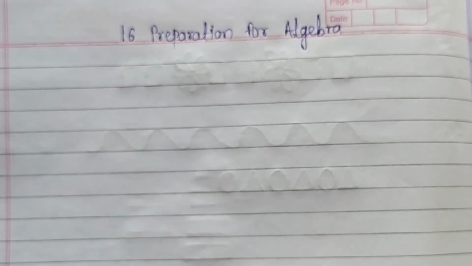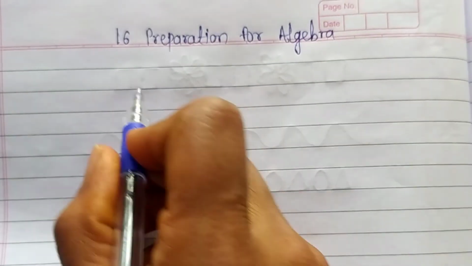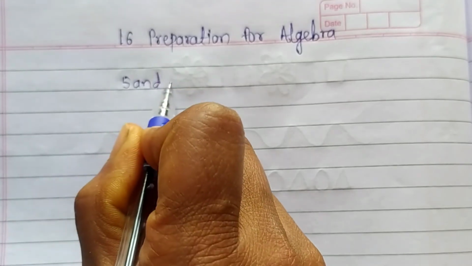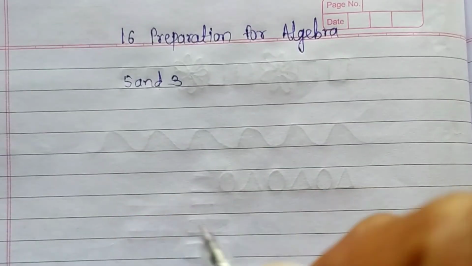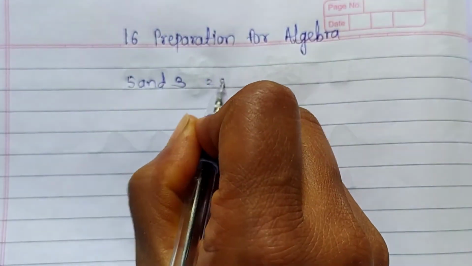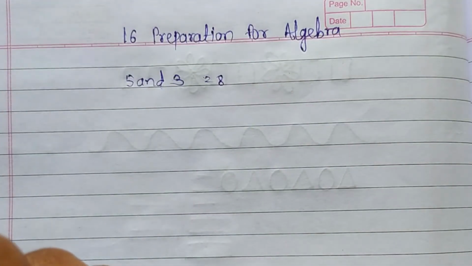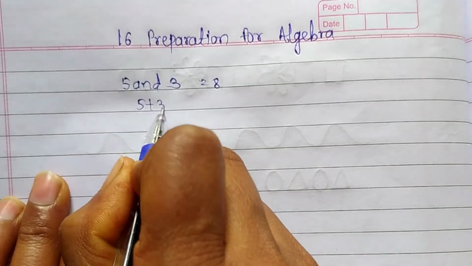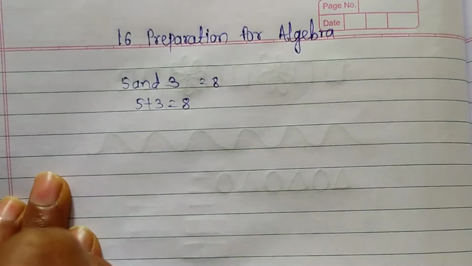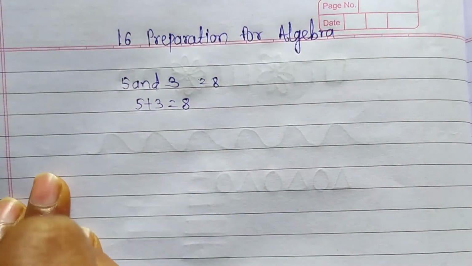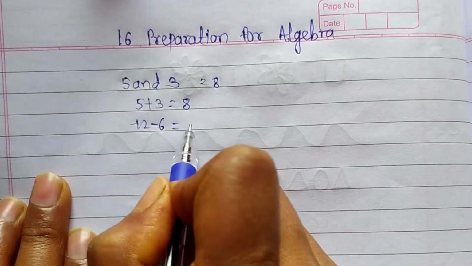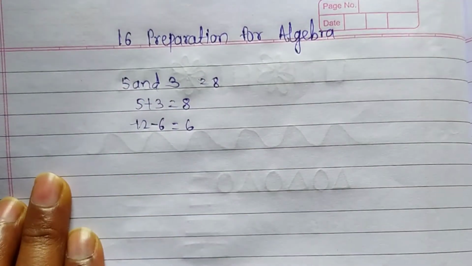For example, when we add 5 and 3, we get the number 8. We write this as 5 plus 3 is equal to 8. Similarly, when we subtract 6 from 12, we get the number 6.